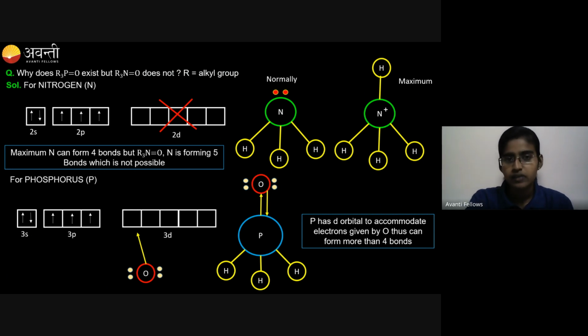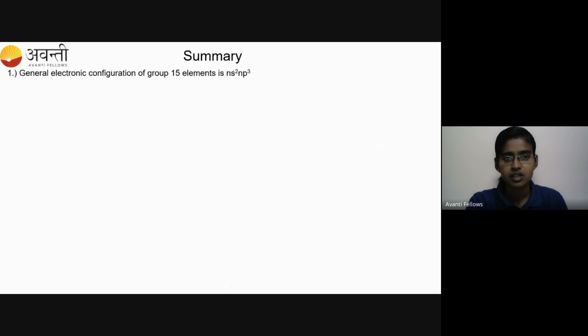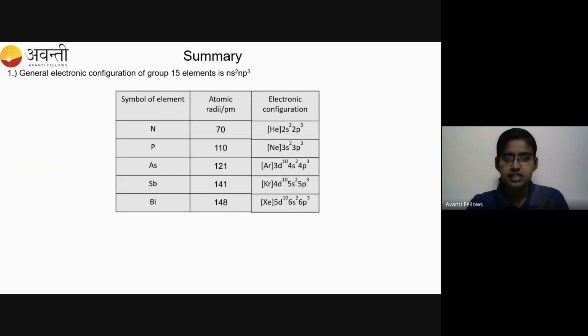Now, with this, group 15 gets over. The compounds of group 15 are not included in your syllabus from this year onwards. Okay, so let me summarize group 15 for you. Very small summary only. First, we have studied the general electronic configuration ns2 np3, and these are the elements with their atomic number and atomic radius in picometer.